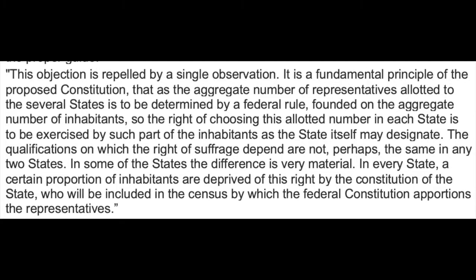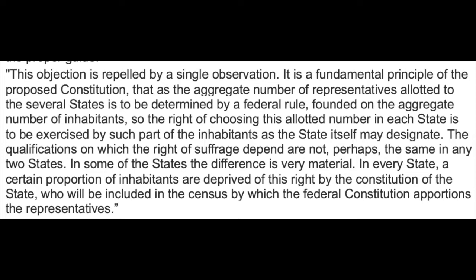He goes on. He states next, and I quote, "This objection is repelled by a single observation. It is a fundamental principle of the proposed Constitution that as the aggregate number of representatives allotted to the several states is to be determined by a federal rule founded on the aggregate number of inhabitants, so the right of choosing this allotted number in each state is to be exercised by such part of the inhabitants as the state itself may designate.